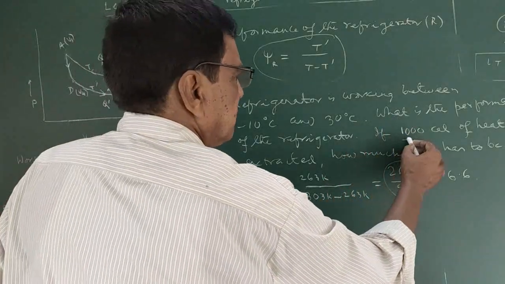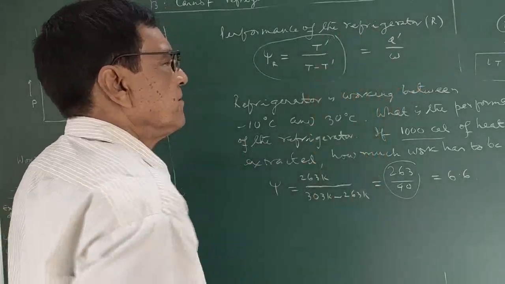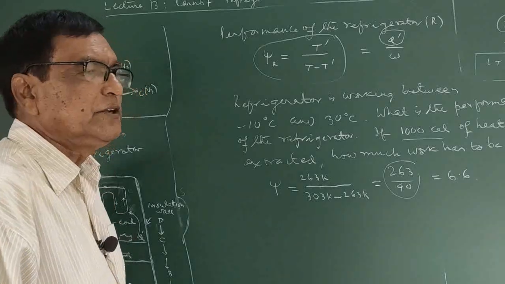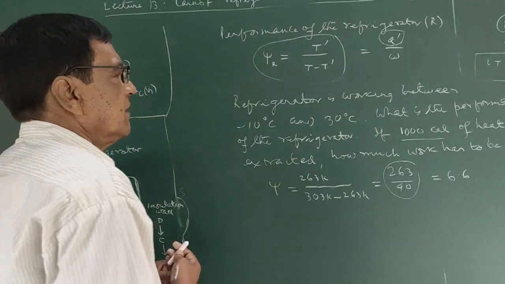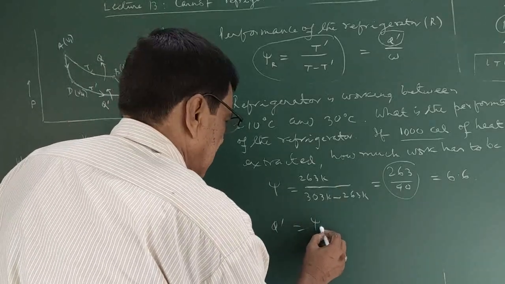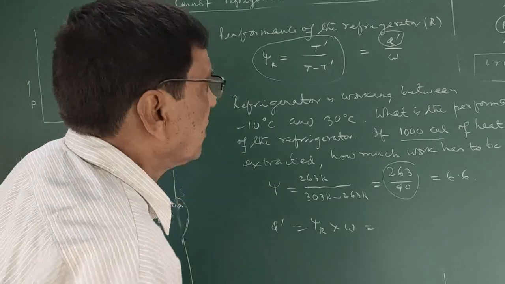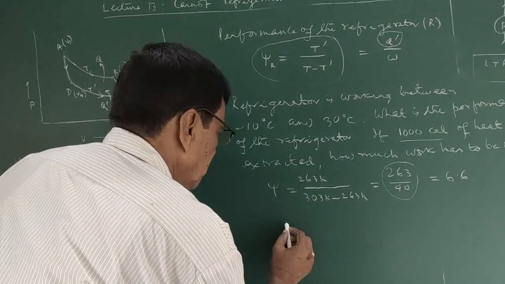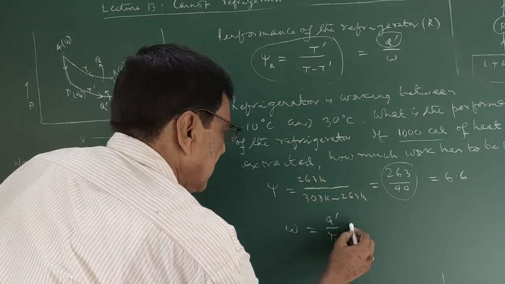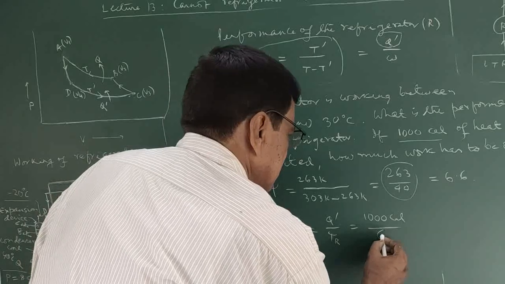And this is Q dash divided by W. If you would like to determine how much heat will be extracted, in this case Q dash equals psi R into W, or W equals Q dash divided by psi R, and this is equal to 1000 calories, and this psi R is 6.6.